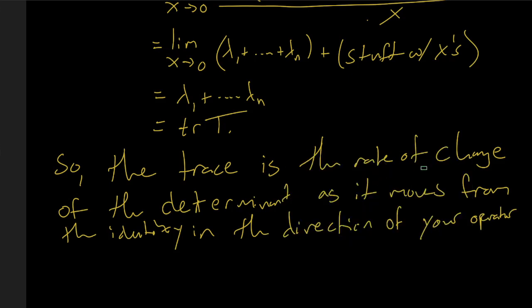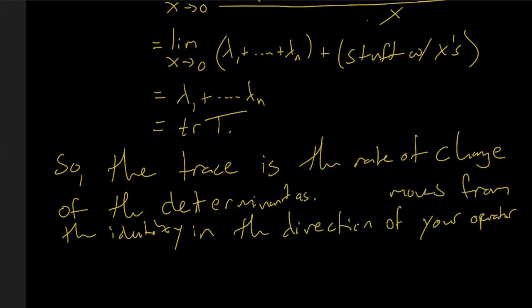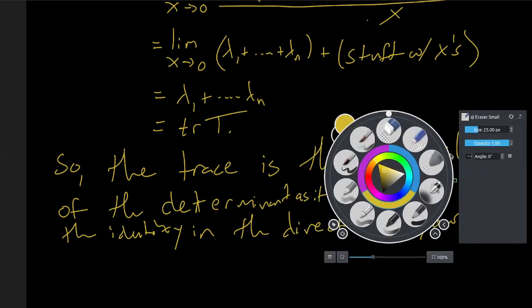Maybe I should say it is the rate of change of the determinant as it starts moving. Just to be clear that I'm saying it's as it starts moving. That's clearer.